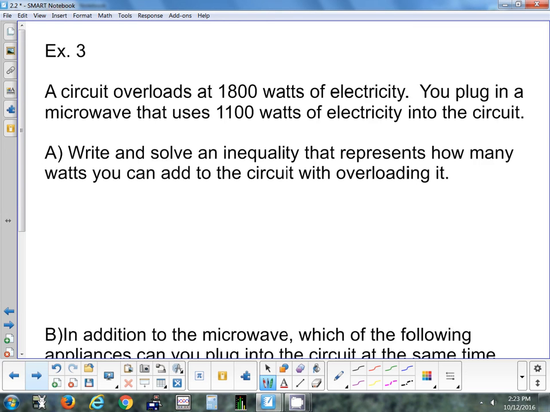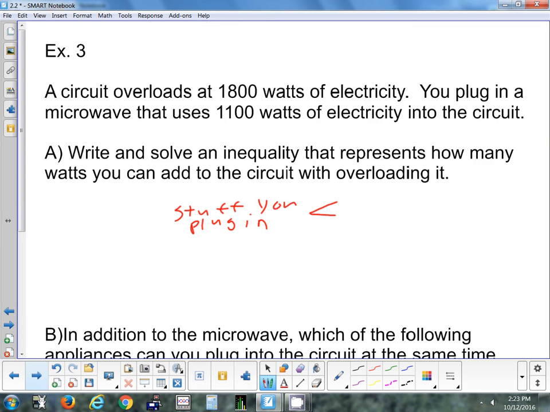Okay, so what do you want the wattage to be under? What does it tell you the maximum wattage you can use for the circuit is? 1800. Okay, so you want the stuff you plug in to be less than.